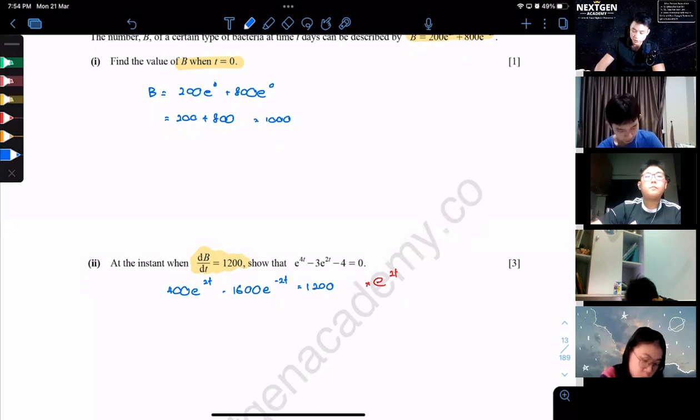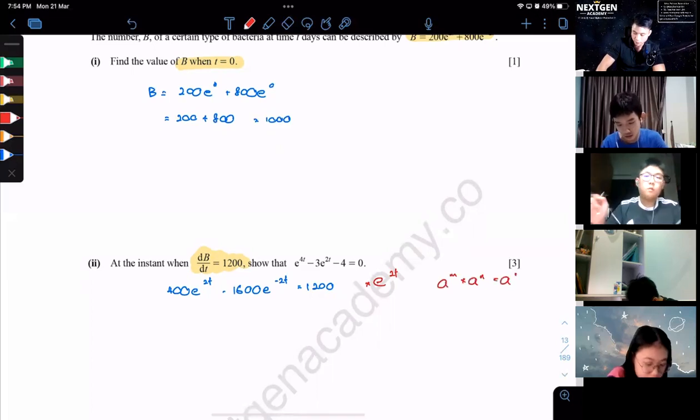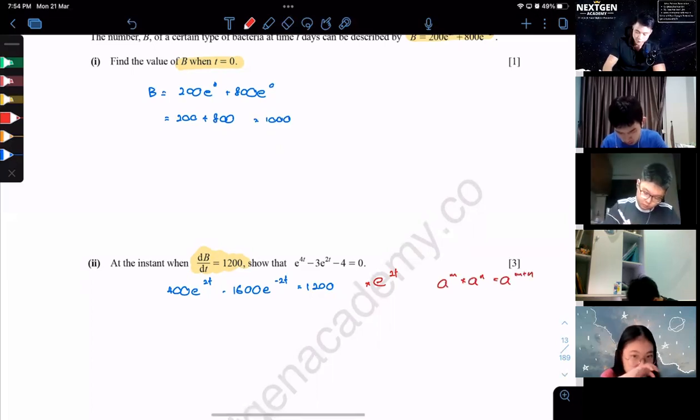I think I didn't teach you all the indices, but just a short recap: a to the power m times a to the power n, we get a to the power m plus n. We have to use this law.